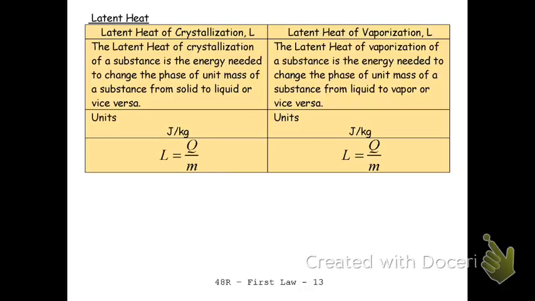For that we use latent heat, and there are two versions of this, but they both refer to the material. One is the latent heat between solid and liquid, and it's got various names, but the most common name is latent heat of crystallization, even if it's not going to become a crystal.